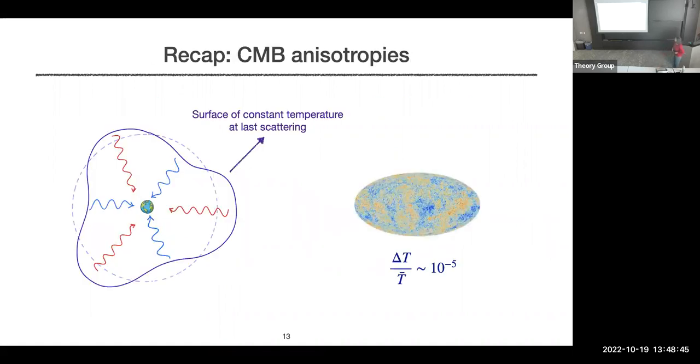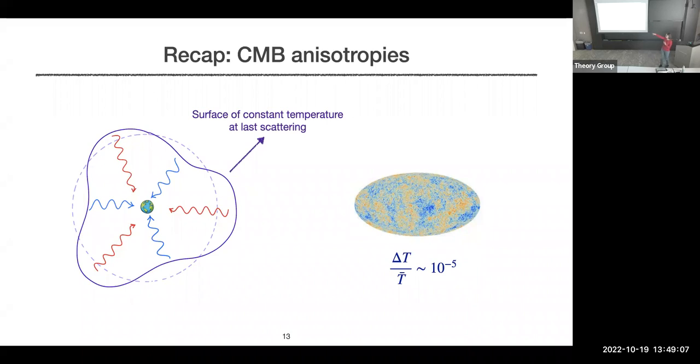Now to see how these gravitational wave backgrounds are created, let's do a recap of CMB anisotropies. In the CMB, here in purple, I have the surface of constant temperature at last scattering. If the universe was completely homogeneous, I would expect this to be a perfect sphere around us. But we know that there are small inhomogeneities.